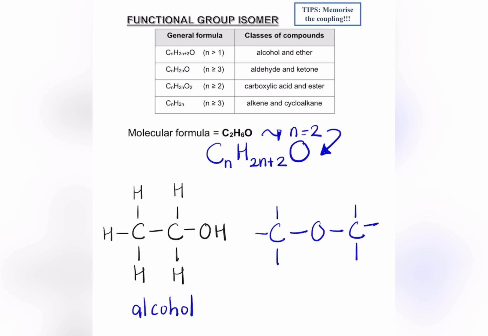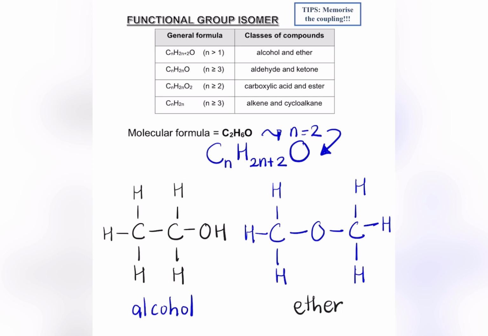And what's next? You are going to fill in 6 hydrogens. 1, 2, 3, 4, 5, 6. So this is the structure for the functional group isomer of C2H6O by drawing ether. So you got 2 structures here.